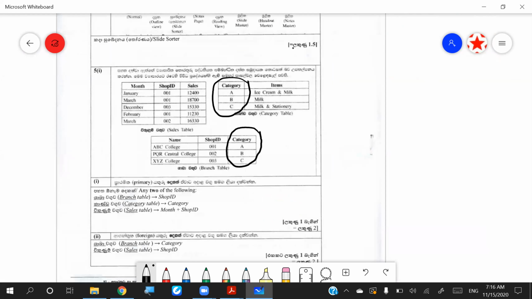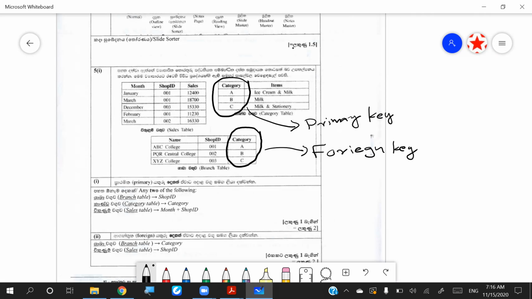So this can be taken as a primary key, and this can be called a foreign key. So that's the definition of a foreign key. A primary key of a table stays in another table as a normal field, so it is a foreign key.